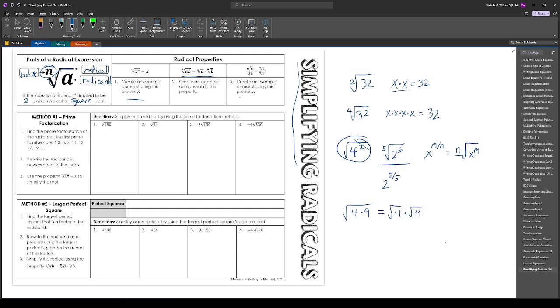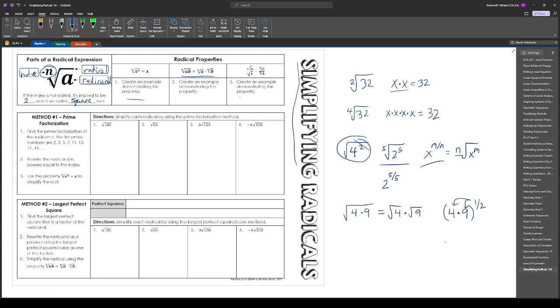So we can basically separate out those things. And we should know that's true from our laws of exponents, because basically what we're saying is this is 4 times 9 to the 1/2 power. And we know that that 1/2 would get distributed to each of the multiplied things in the parentheses.